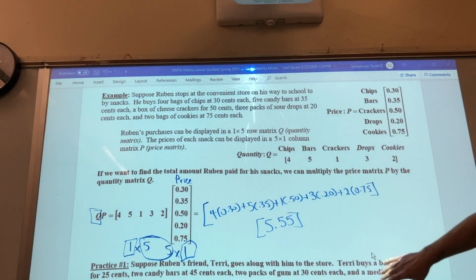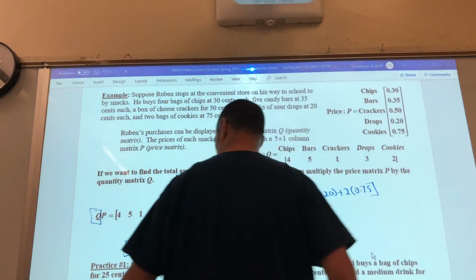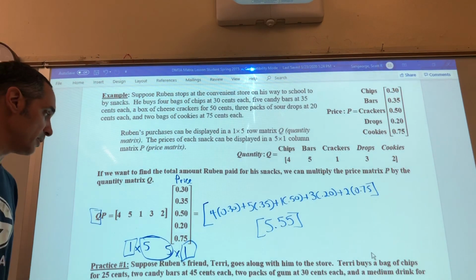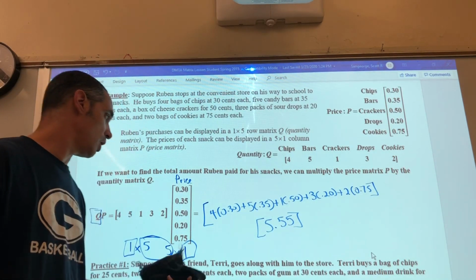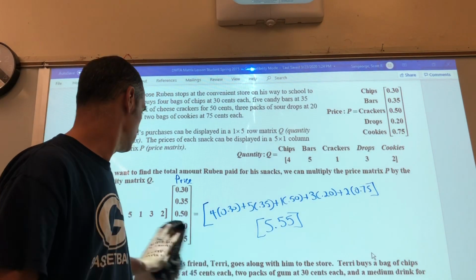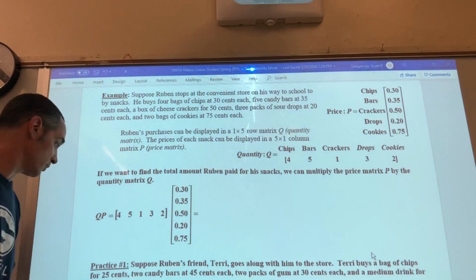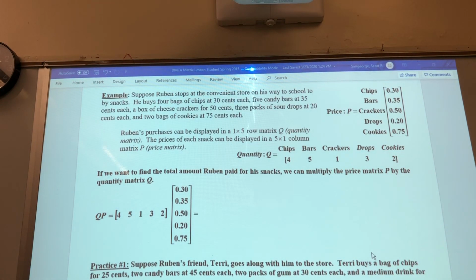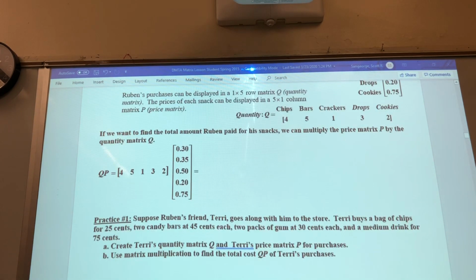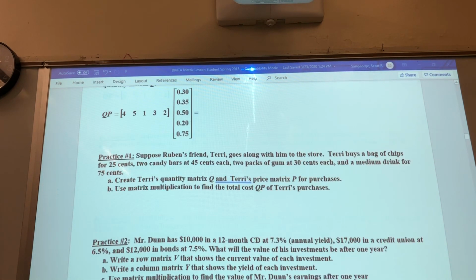All right, let's take a minute to try practice 1. Suppose Ruben's friend Terry goes along with him to the store. Terry buys a bag of chips for 25 cents, 2 candy bars, 45 cents each, 2 packs of gum, 30 cents each, and a medium drink for 75 cents. Create Terry's quantity matrix.